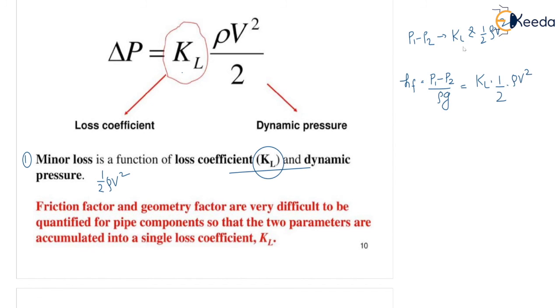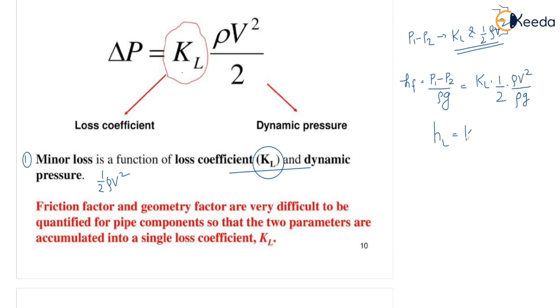This part is already there, you can see here, KL into half rho V square, and then I will divide by rho G. So LHS and RHS I just divided by rho G in the numerator. So what I can see now, this P1 minus P2 by rho G is known as head loss, HF or HL, you can write anything.